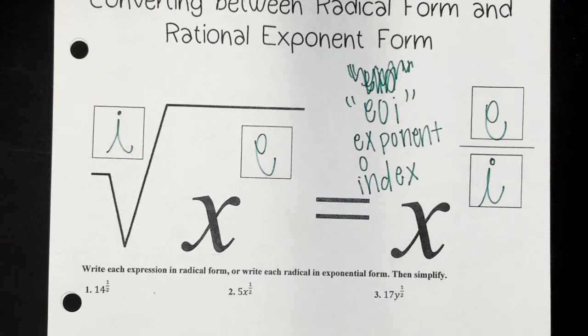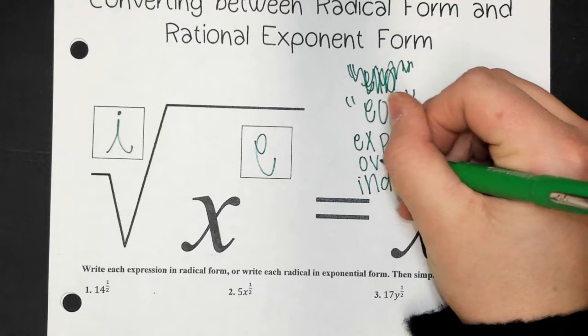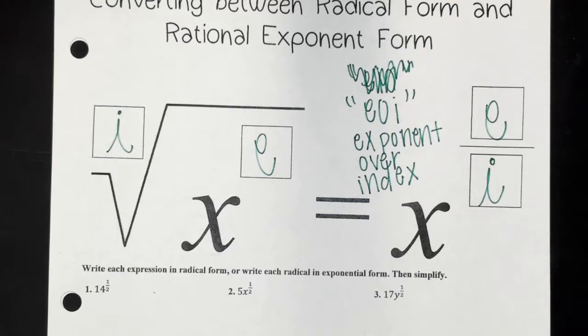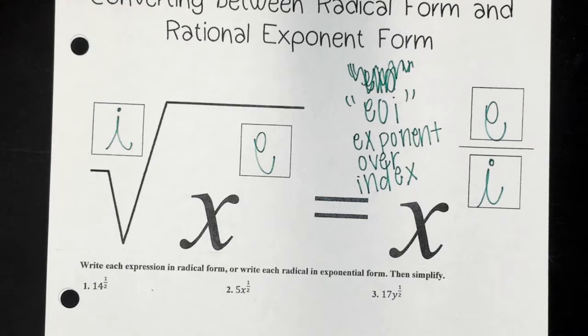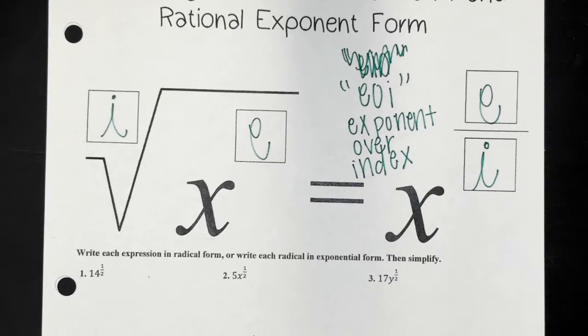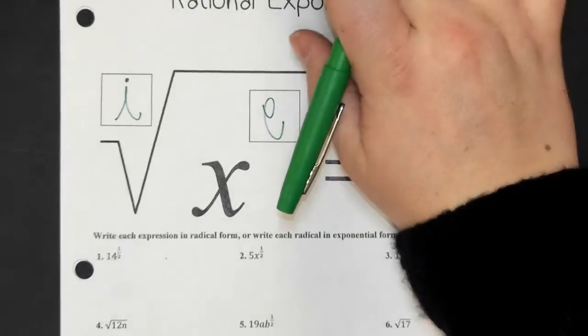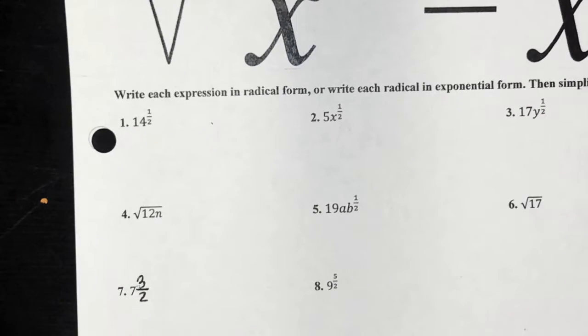Outcome? What's a fraction? How do I say a fraction? I would say over. E-O-I. Exponent over index. So let's practice, because the best way to understand this chapter is to practice.